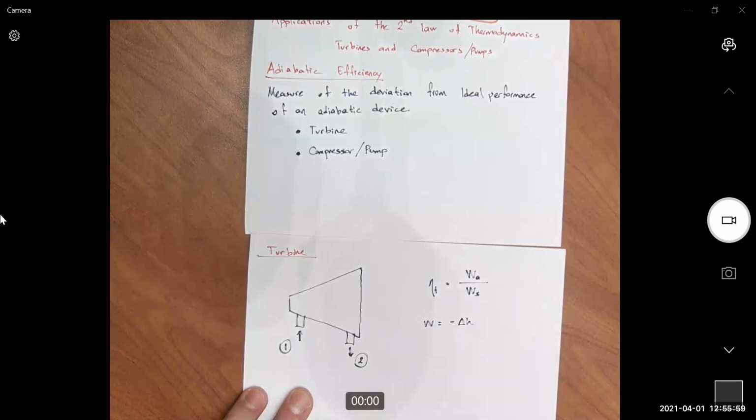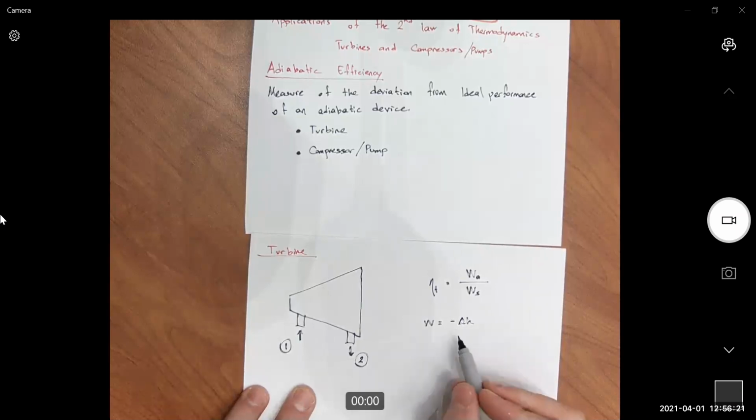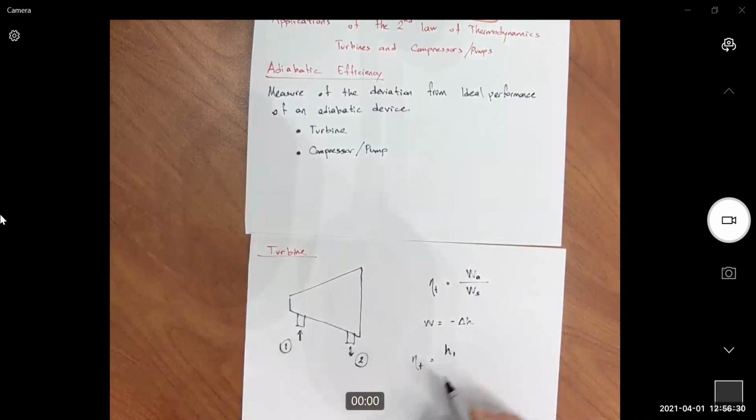In this case, I assume that kinetic energy and potential energy are negligible and Q is 0 because it's insulated. It might not be the case, so you have to start from the first law of thermodynamics, eliminate terms, and find your work, heat, or enthalpy, whichever you need. If this is the case, the adiabatic efficiency of a turbine will be H1 minus H2 actual over H1 minus H2S.